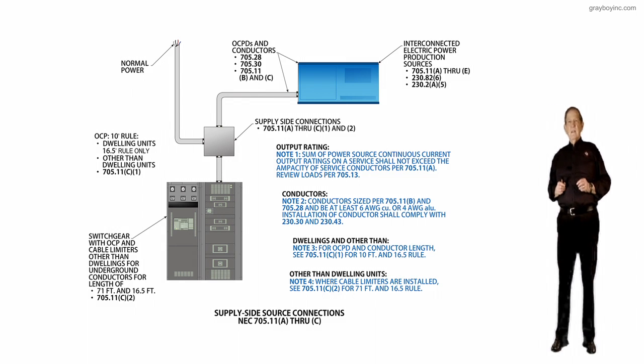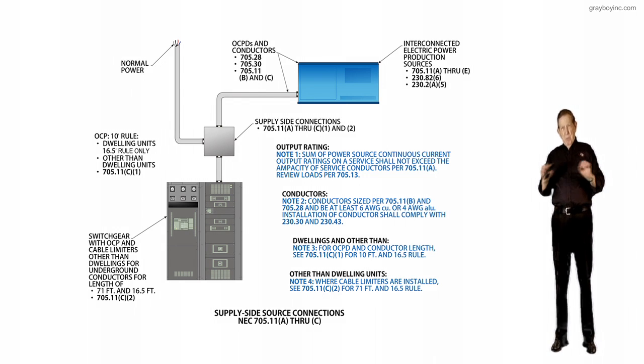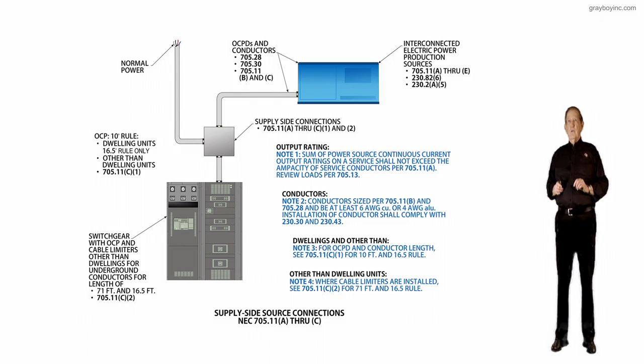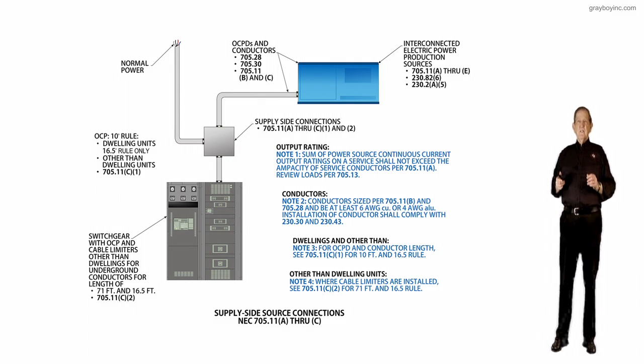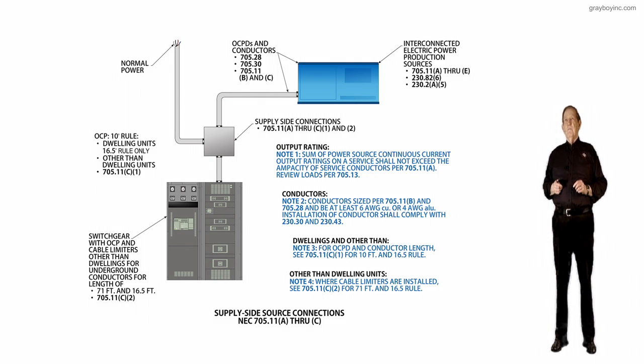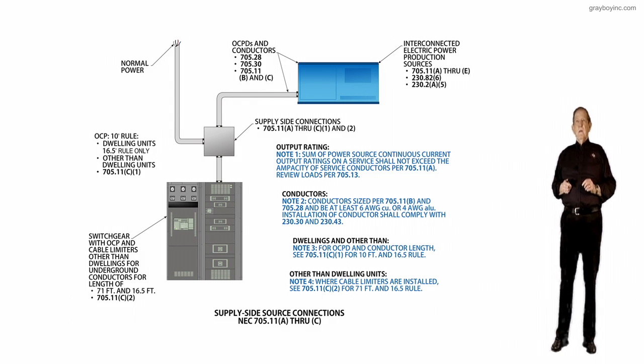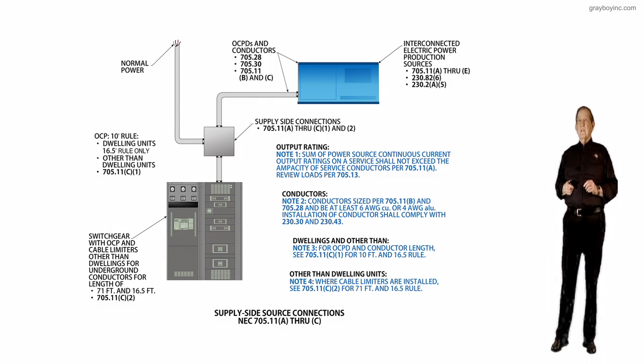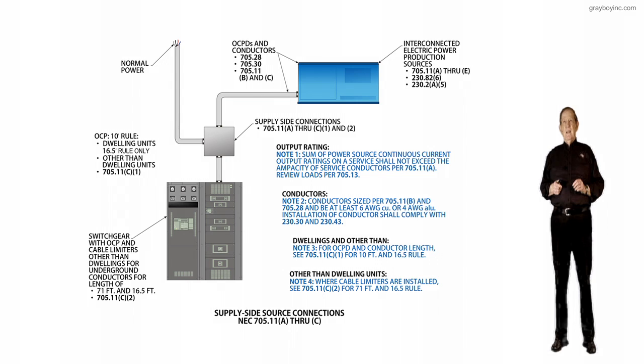Now, to review the bullets that outline what took place in this new section, let's look at the notes. Note 1 deals with output rating. Note 1 basically states that the sum of power source connections' current output ratings on a service shall not exceed the ampacity of service conductors as outlined in 705.11(A).